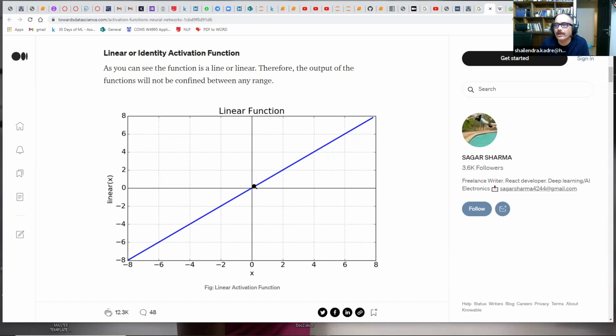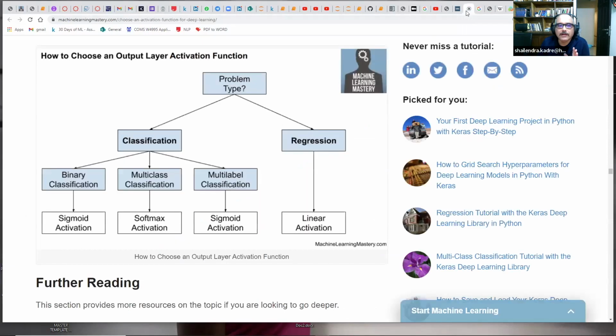Can anybody tell why? In classification, it is very clear to us. For binary classification, we use sigmoid. Multi-class, we use softmax. Multi-level, we use sigmoid only. So binary and multi-level, we use sigmoid, and multi-class, we use softmax.